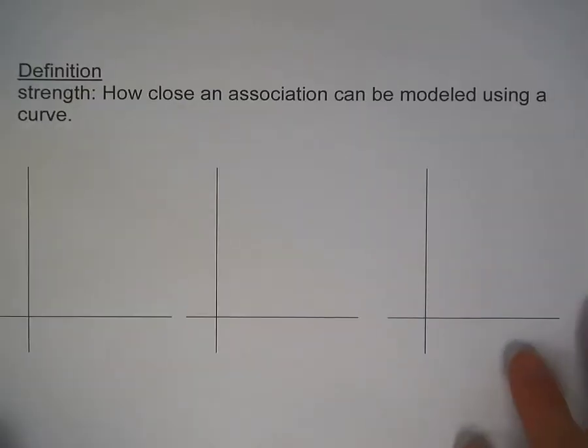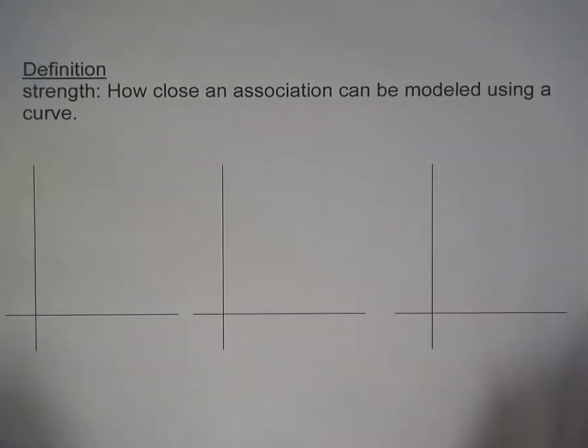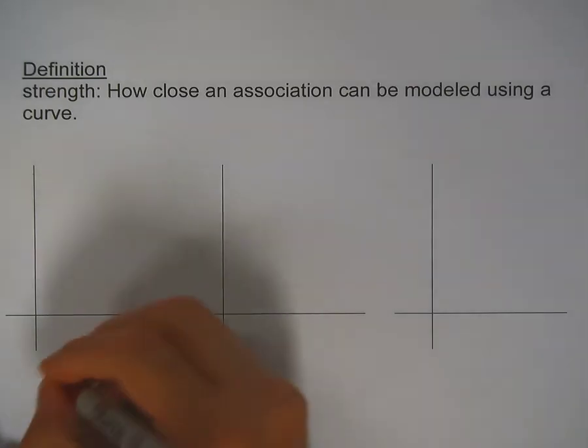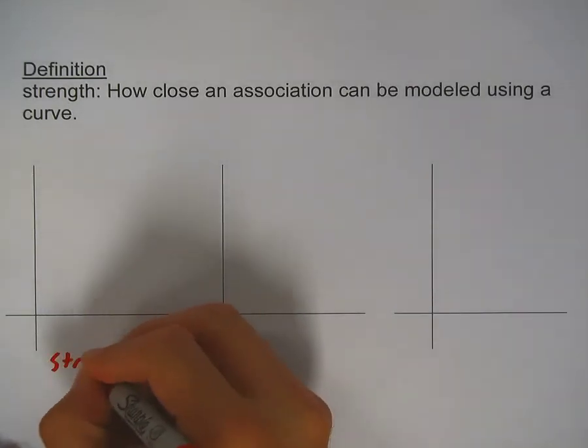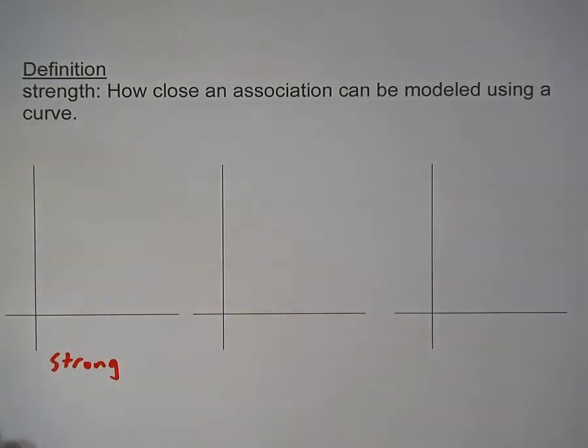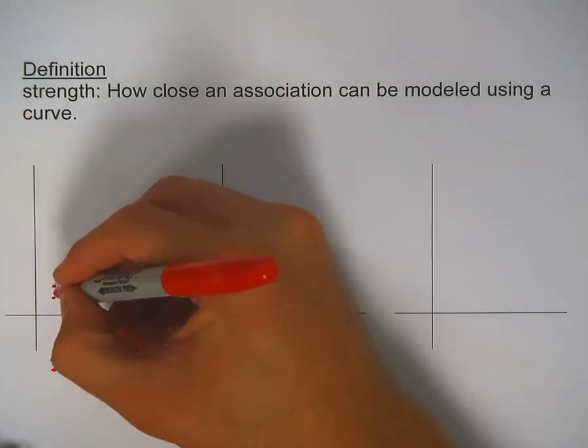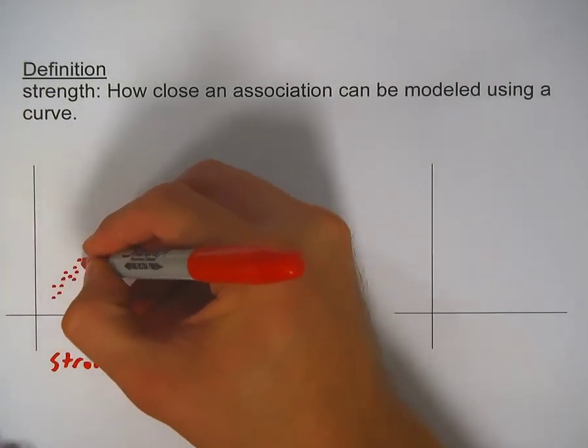Let's look at the next one, called strength. Strength measures how closely an association can be modeled using a curve or a line. We're going to look at three different strengths. We'll start with a strong association. We'll assume these can be modeled with a straight line.